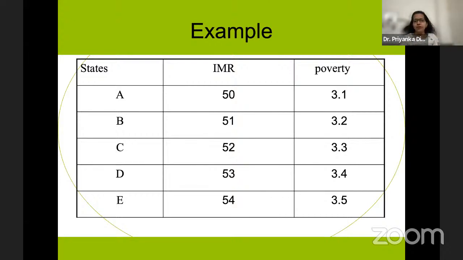Blood pressure varies according to age, according to the type of food, according to the type of occupation. So we can use multiple independent variables in my regression model, and I can find out which factors are playing a significant role in explaining the blood pressure. So this is about linear regression.